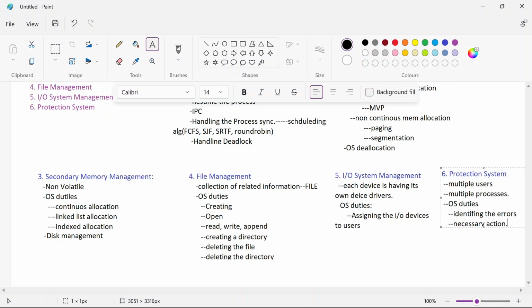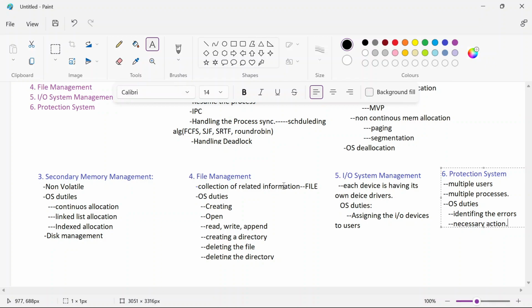Because we have multiple users and multiple processes connecting together, there may be a chance that they create a problem. In that case, the OS should come into the picture and identify the problem if anything occurred, and then immediately after identifying the error, take the necessary action. So this is about the protection system activities that the operating system has to take care of.